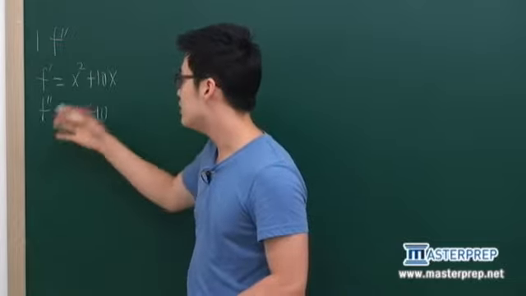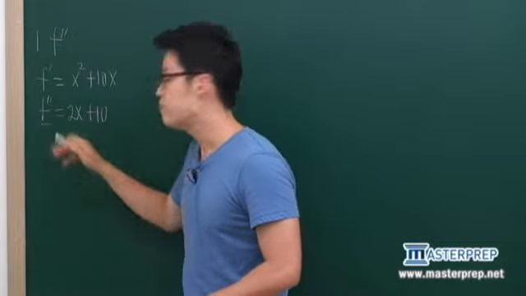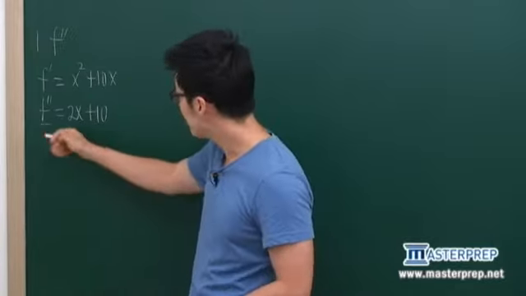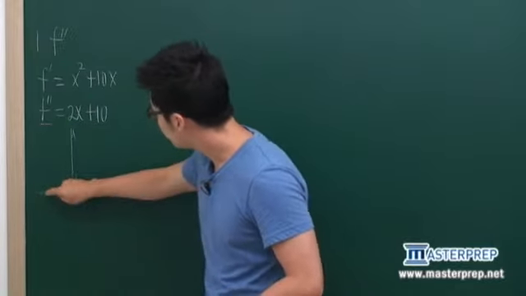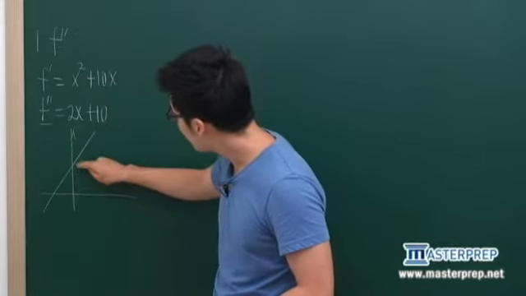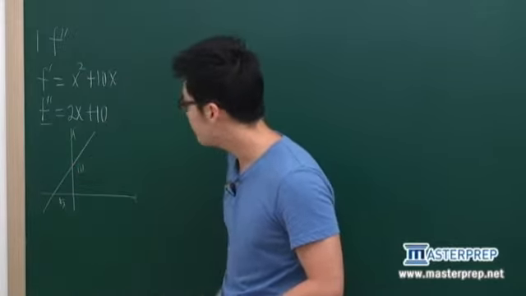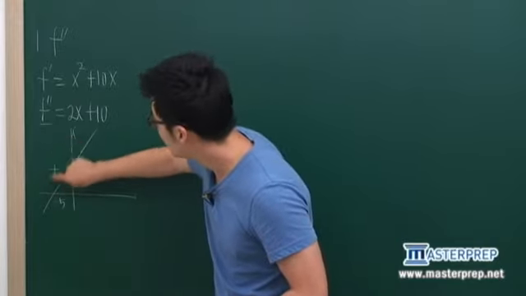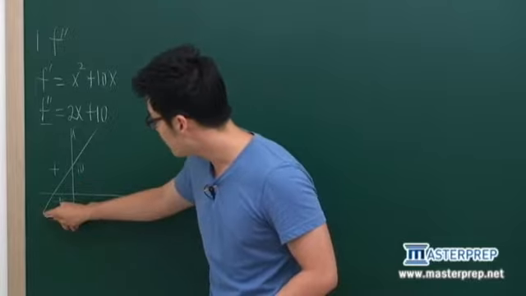So we want to know when the sign of this f double prime is changing. That means that inflection points actually exist when the sign of this thing is actually changing. And let's draw that, right? So this must be 10, and that must be -5. And the sign of this f double prime here is positive, and here it's negative.